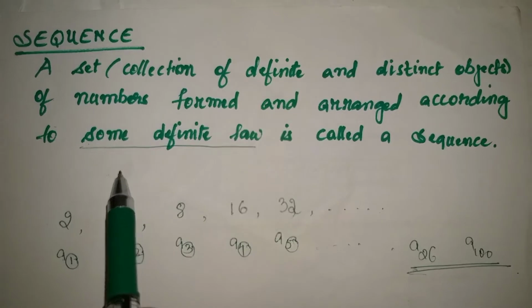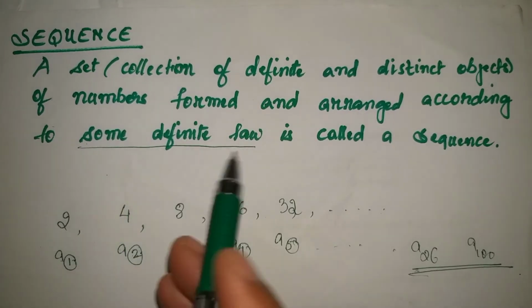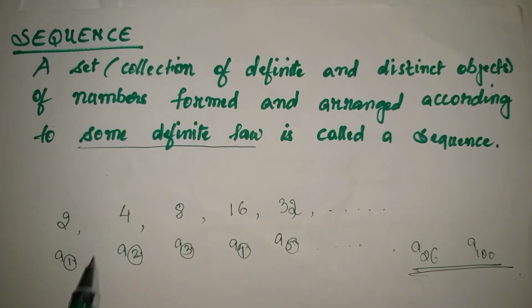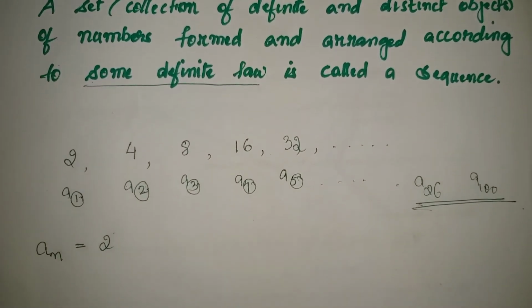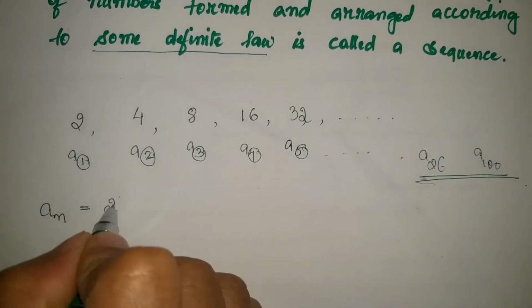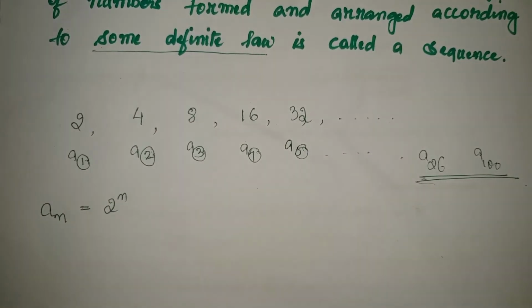So let us try finding out that definite law for this particular example. Now, if I define the nth term, or an, by 2 to the power n, what will be my first term?